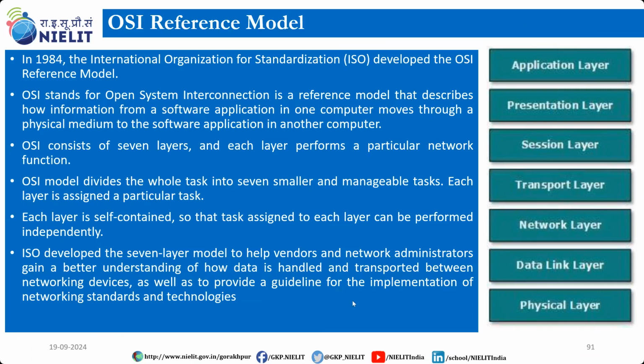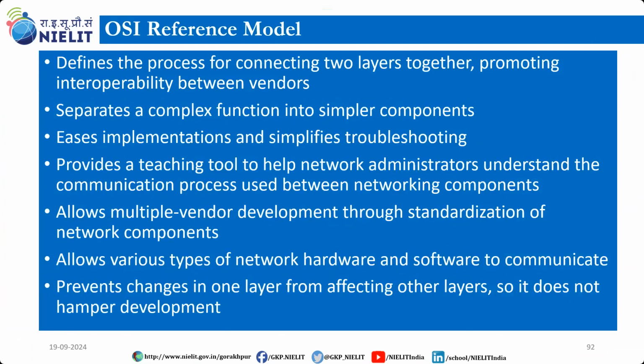Different protocols with respect to the application layer can have some set of services, some set of protocols. Some services are running on the physical layer, some are running on the data link layer. So there can be categorization with respect to these 7 layers. Basically the OSI reference model defines the process for connecting 2 layers together, promoting interoperability between vendors.